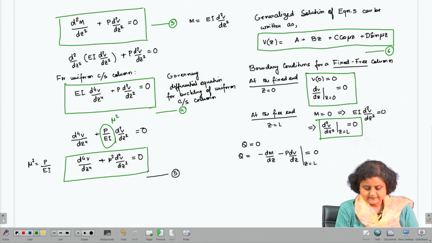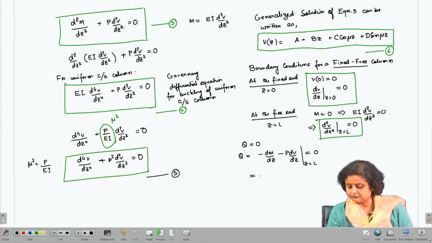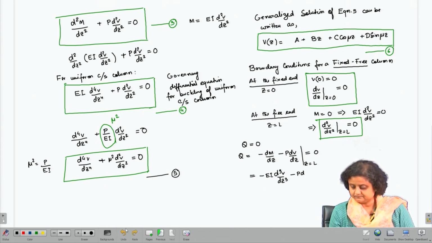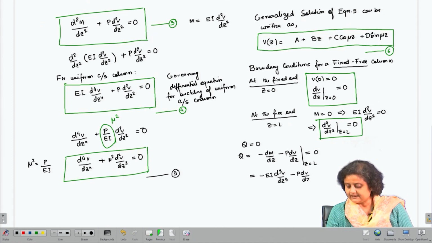This further can be written in terms of v as EI d3v by dz cube minus P d2 dv by dz equal to 0, which can further be written as d3v by dz cube plus mu square, because we get P by EI, dv by dz at z equal to L is equal to 0.